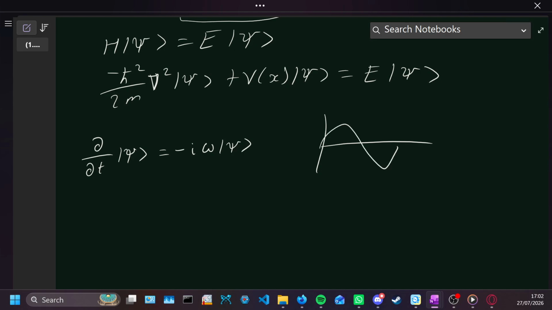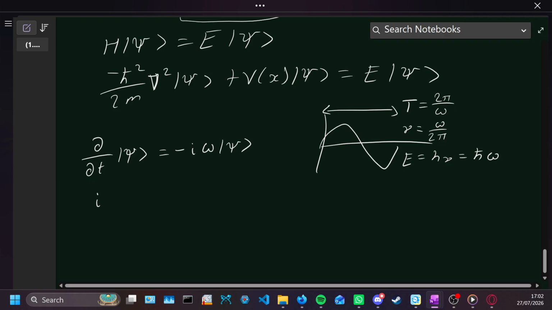So similarly, the time period of my wave is going to be 2 pi over omega, and so the frequency, which I'm going to write as nu, is going to be 1 over that, so it's omega over 2 pi, and so the energy, E equals h nu, is going to give me h bar omega. So I'm going to multiply my equation by i h bar, and I'm going to get i h bar del over del t of psi is equal to E psi.